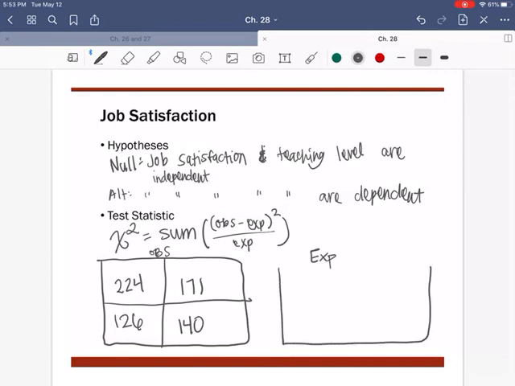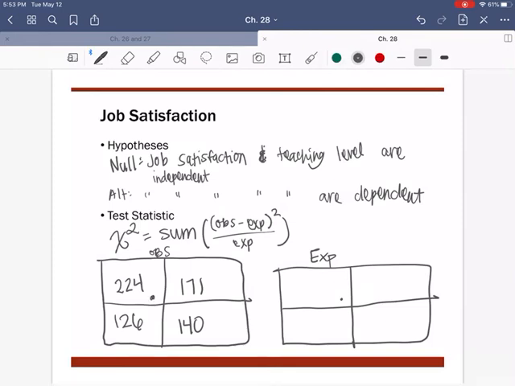And we've been having our calculator do that, and we will have the calculator do that again on this one in just a minute. But I want to show you what the calculator is going to do. It's going to create another table for expected. So it's going to give you four numbers in this form. And this number will show what it should be or what you would expect it to be for high school teachers that are satisfied.